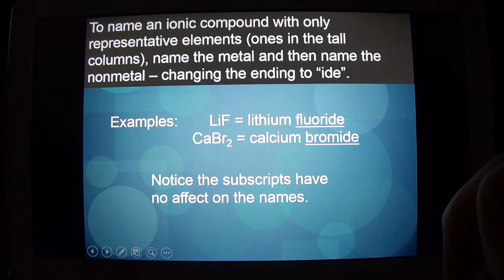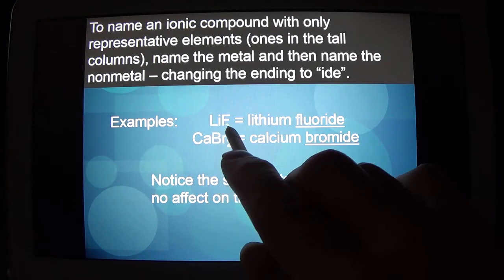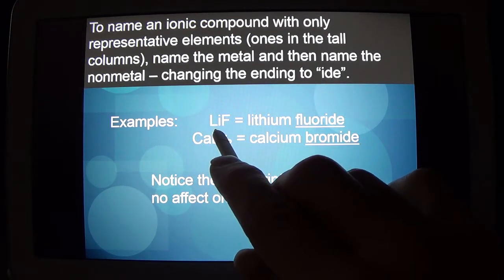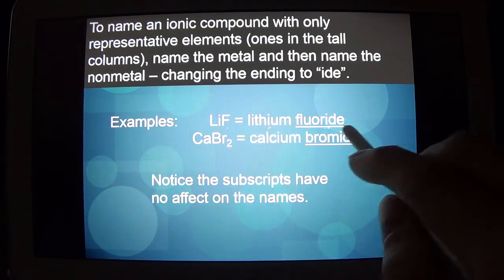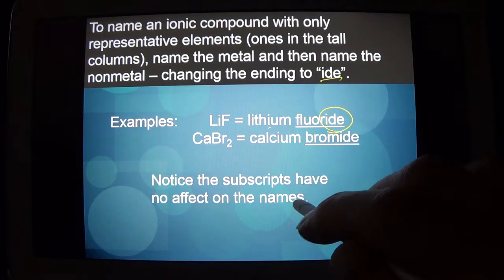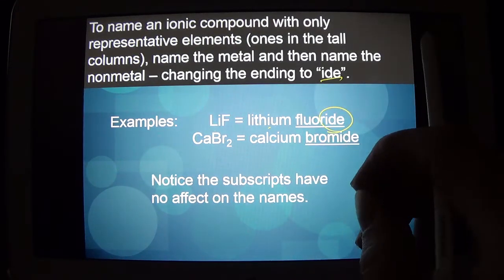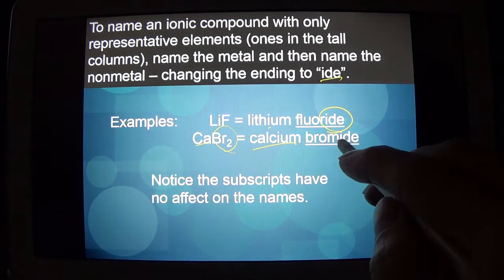So now that we have formulas, let's name them. Here's the nice part. The only difference is the ending. What's Li? Lithium. What's F? Fluorine. We change it to fluoride. Add the ending of -ide to let us know they're not 2 separate elements, they're now together in a compound. What's Ca? Calcium. What's Br? Bromine.